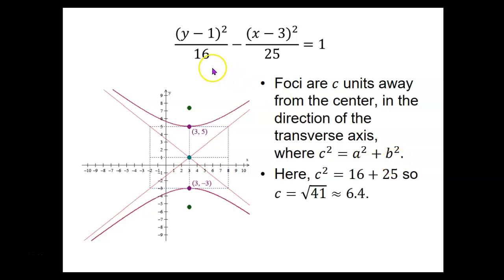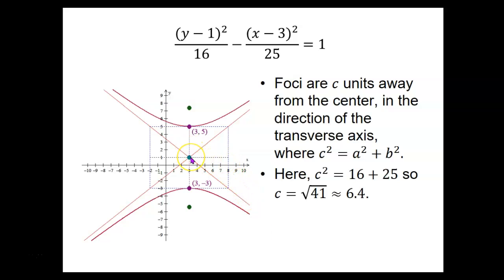For this particular hyperbola, c squared would be 16 plus 25, or 41. So c would be the square root of 41, which is approximately 6.4. So to get to the foci, you could start at the center point and go up about 6.4 spaces to get one of them, and go down about 6.4 spaces to get to the other focus.